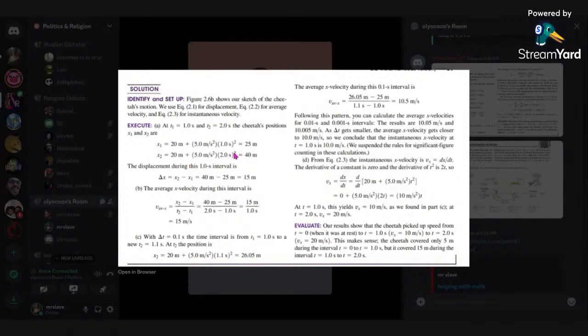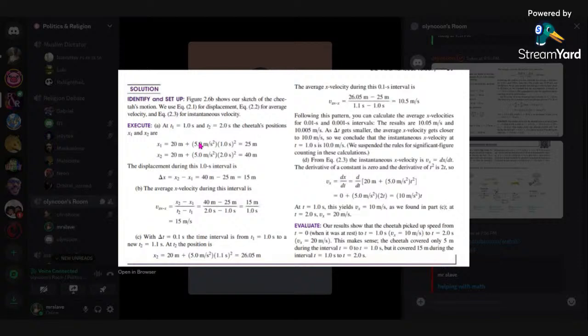For now, what I see here is that x1, okay, so it's 20 meters. The cheetah was at 20 at t0. And then when t equals 1 second, at a given acceleration of 5 meters per second squared, we multiply it by 1 second.